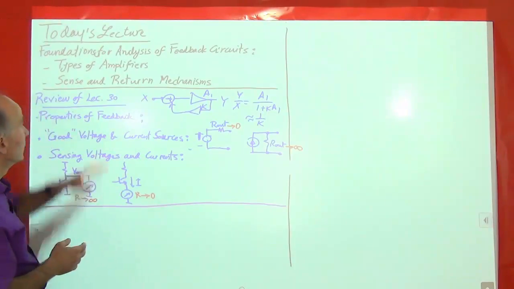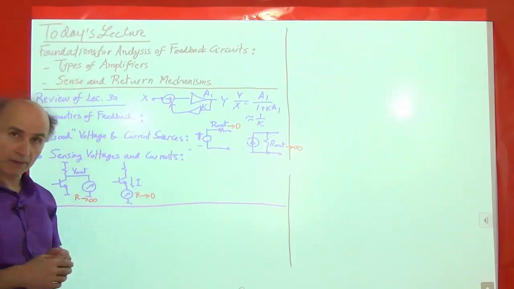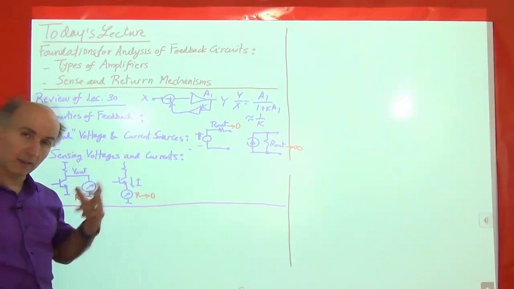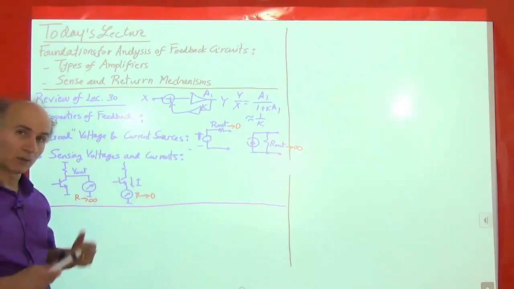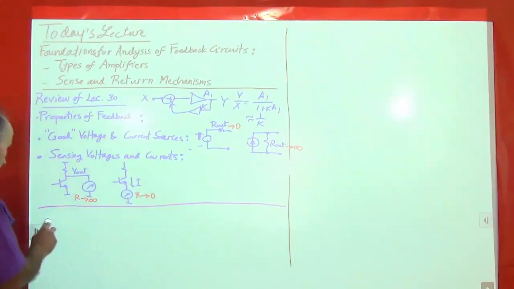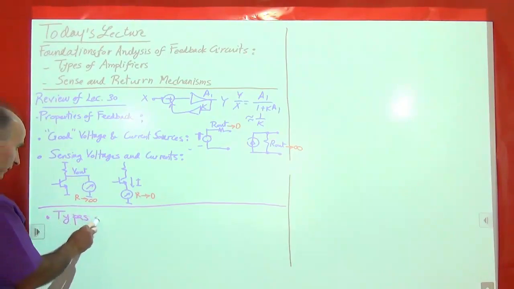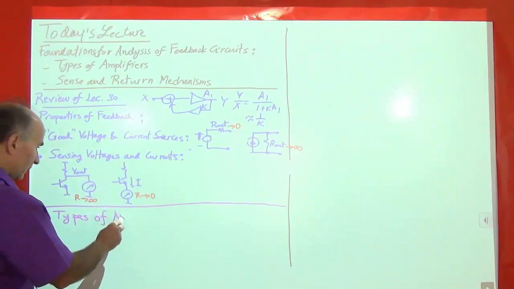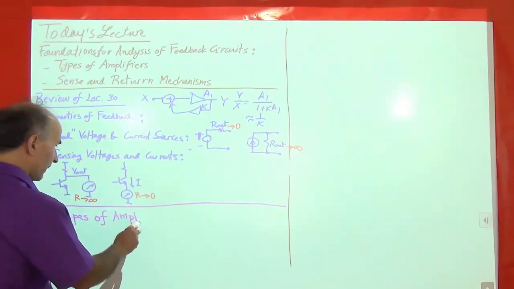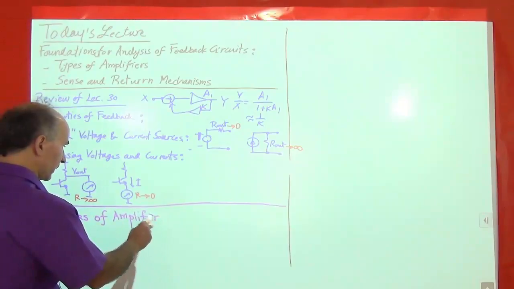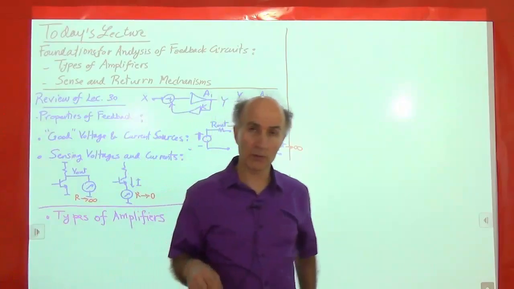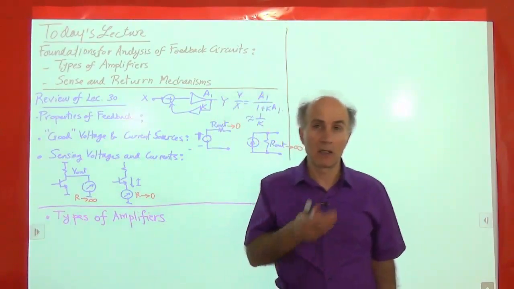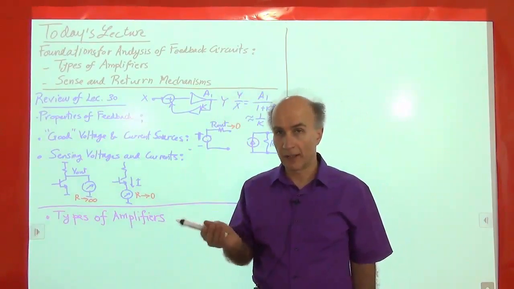All right, today we will begin with types of amplifiers, and we want to categorize these carefully so that when we get to feedback topologies, we don't get confused. So let's talk about types of amplifiers and see what we have here. Now, the type of amplifier that we have seen primarily in Electronics 1 and in this course so far is a voltage in, voltage out amplifier, right?